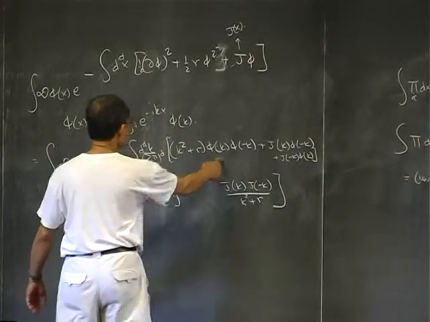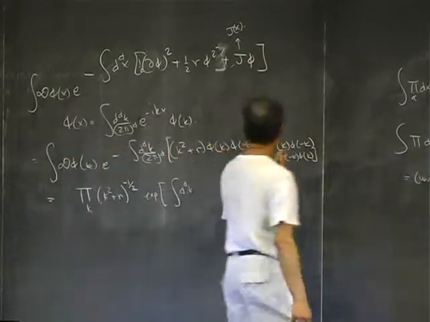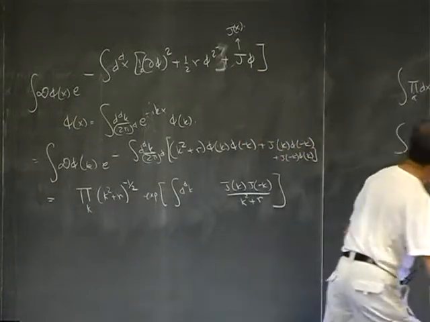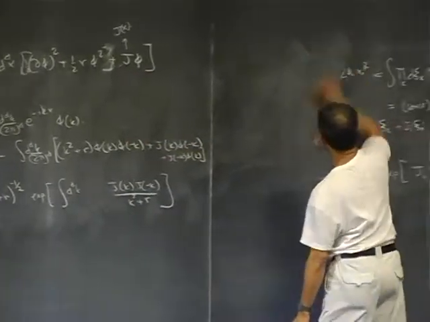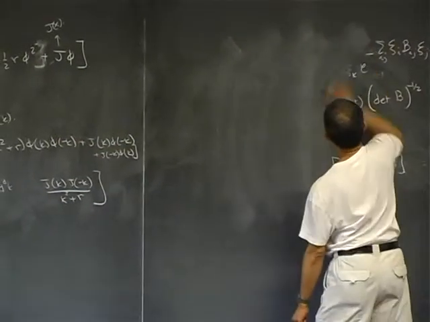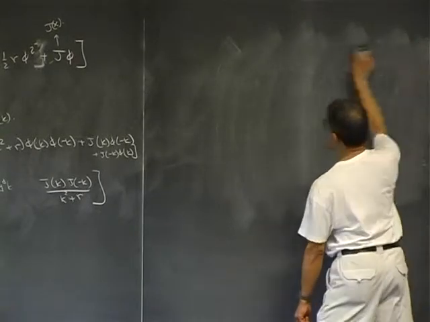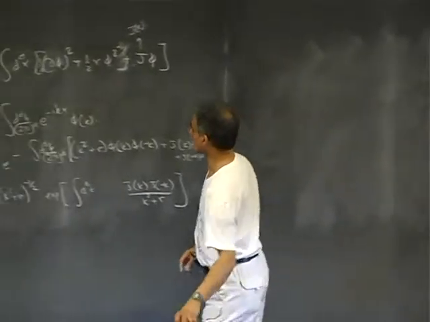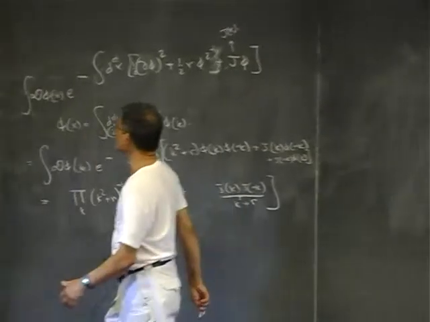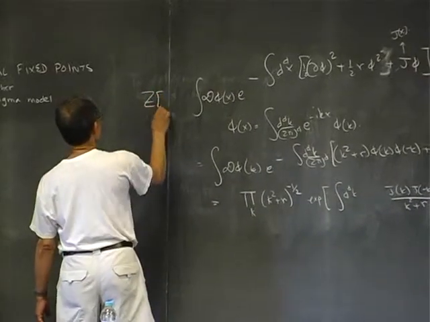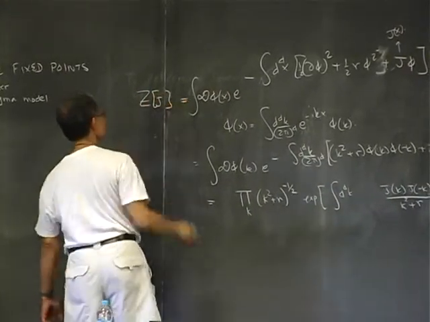The usefulness of doing this is that once I have this, I can calculate correlation functions. Because, so let me call this an object Z of j.